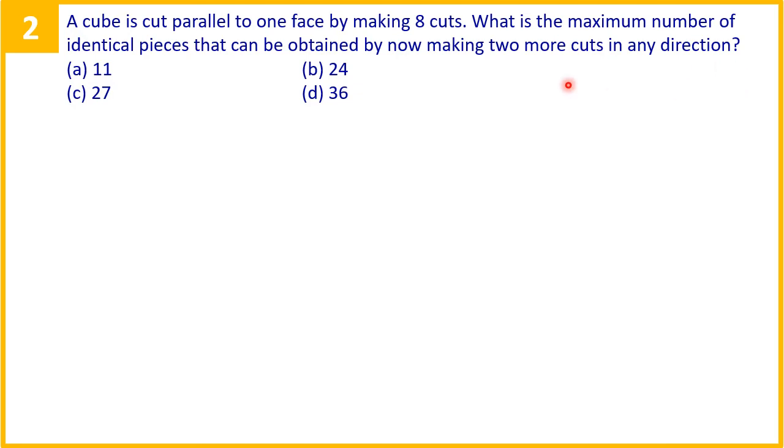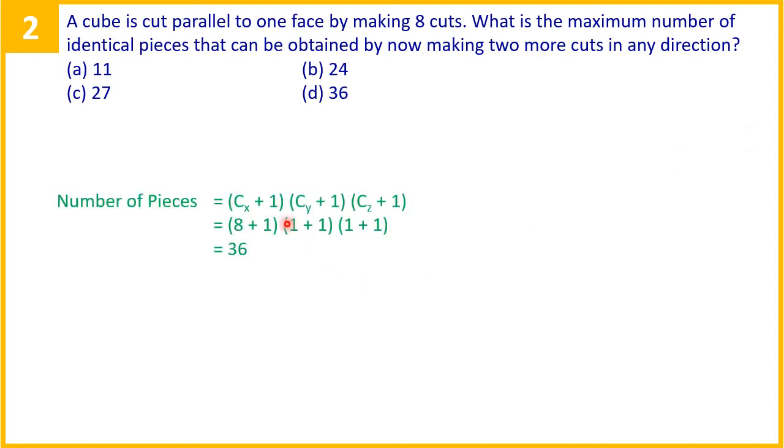It's obvious that if these 2 cuts are split in 2 different directions, the number of pieces obtained will be maximum. So the number of pieces is equal to Cx as 8, Cy 1 and Cz 1. The remaining 2 cuts I split, one in the Y direction and the second in the Z direction. Hence the number of pieces obtained will be 36.